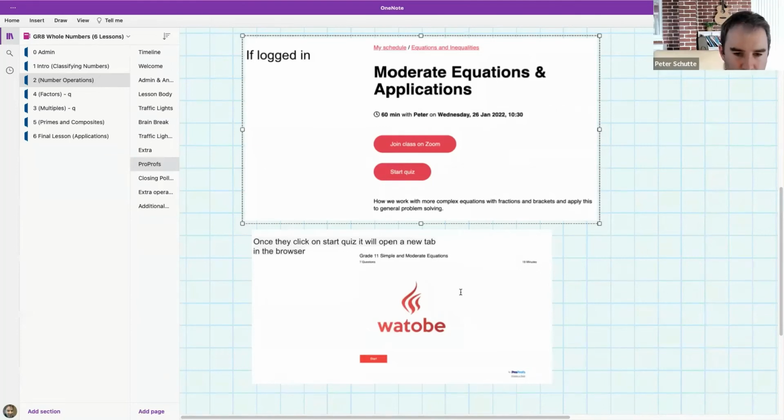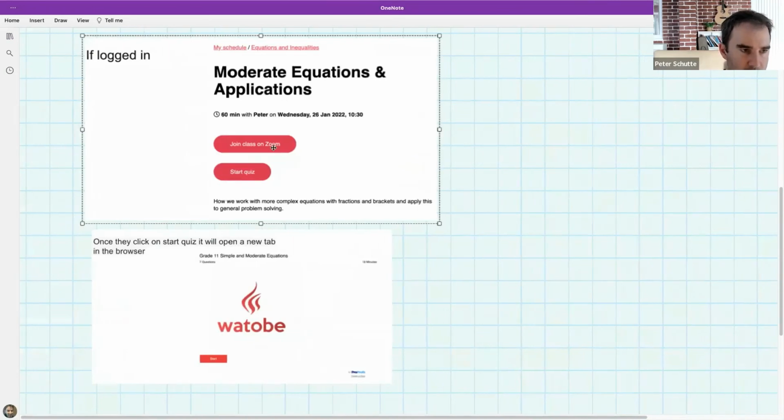That's our head of learning at Watobe, everyone, in case you're wondering if someone's speaking to us from the cloud. So what we want now is for you to navigate back to the website and get to a page that looks like the screenshots currently on the screen. And once you have started your quiz, I want you to give me a thumbs up in the chat if you can. That would be fantastic.